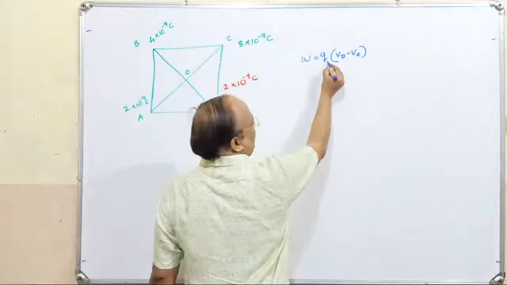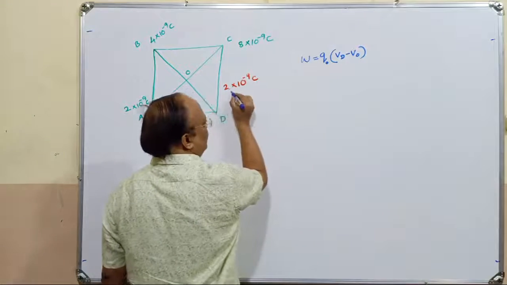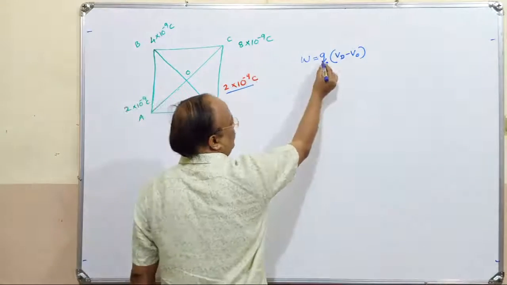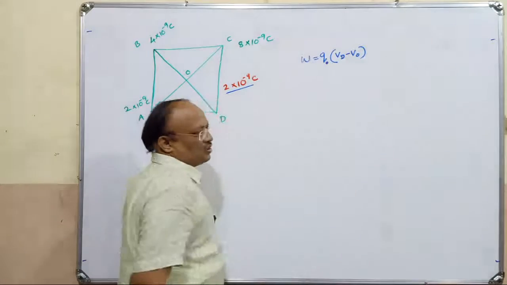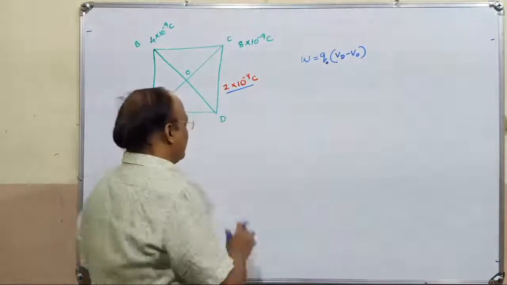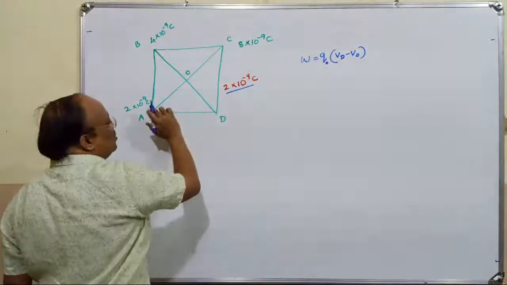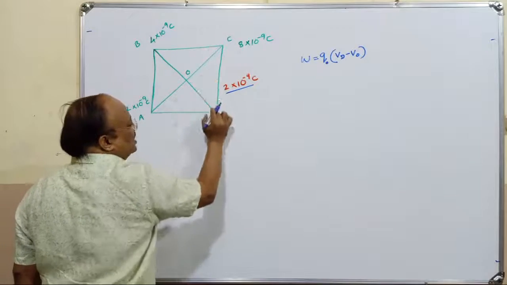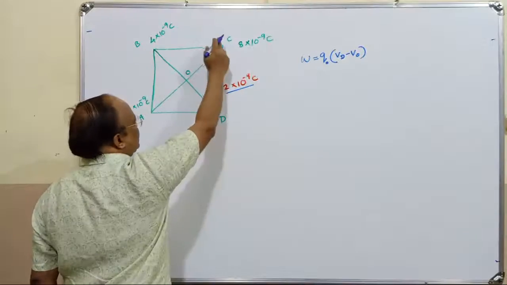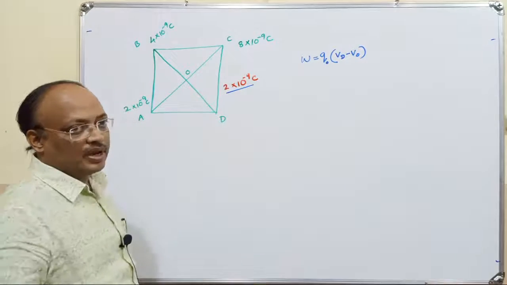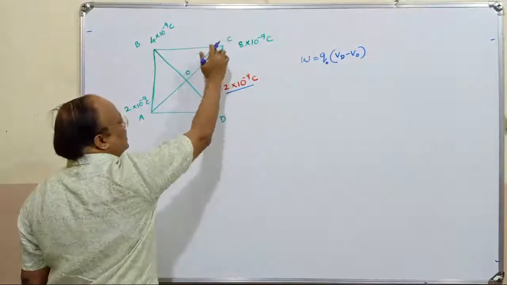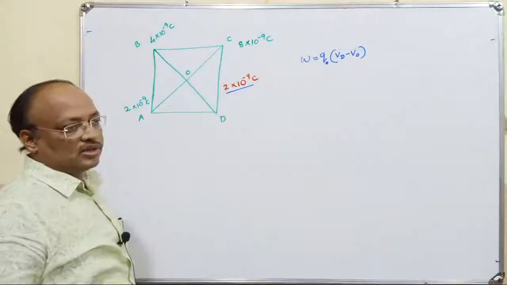So this is our test charge. 2 into 10 to the power of minus 9 coulomb is your test charge. So you have to find out the potential at D due to these three charges, and also the potential at O due to these three charges.